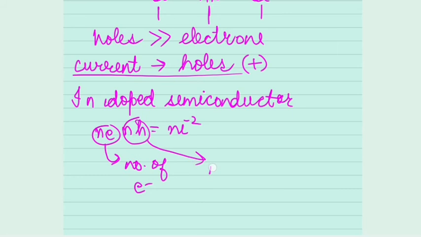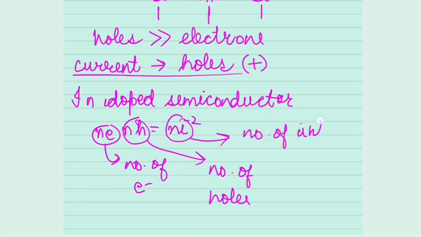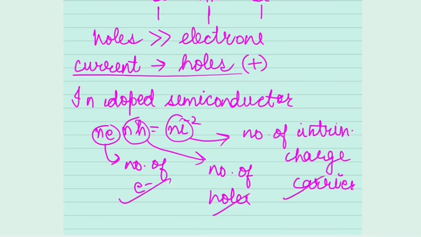NH is the number of holes. And what is this Ni? Ni is the number of intrinsic charge carriers which are contributing to this current. So number of electrons, number of holes, and the intrinsic charge carriers. So NeNH equals Ni square is our equation which we have to learn.